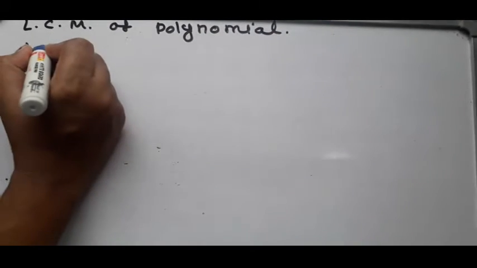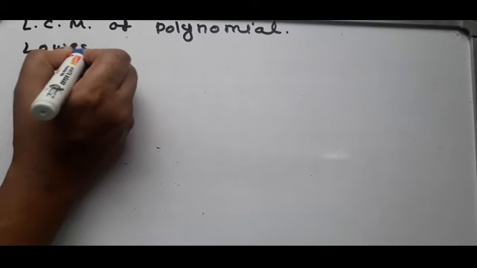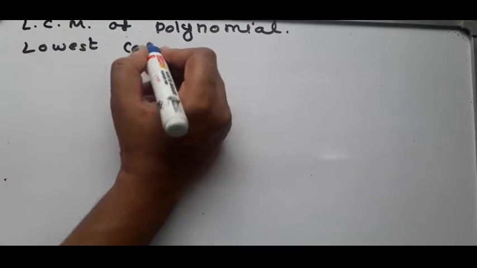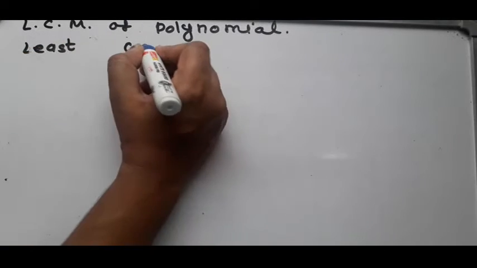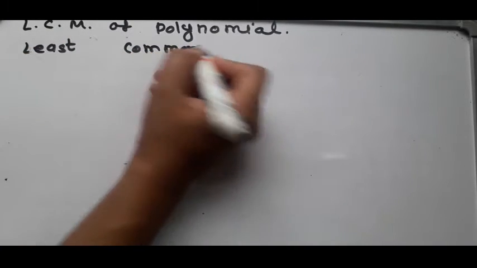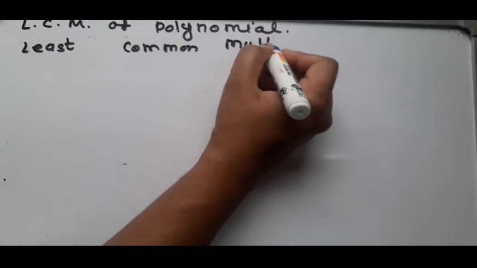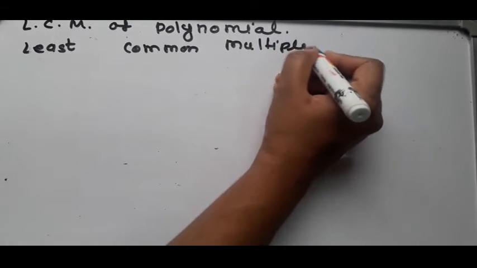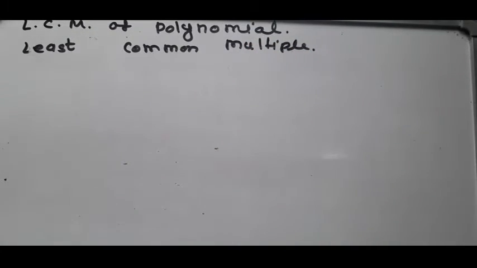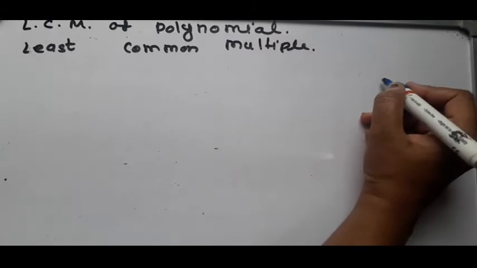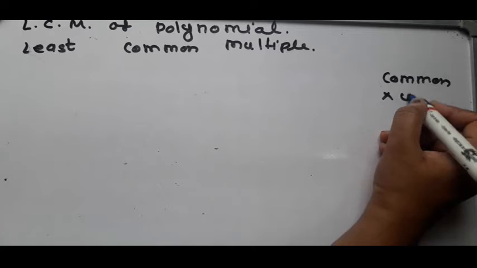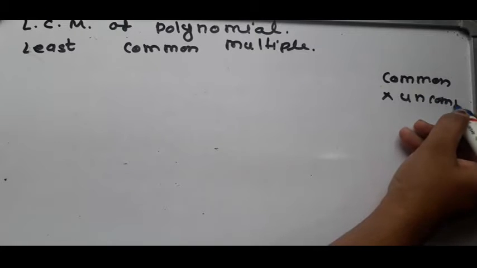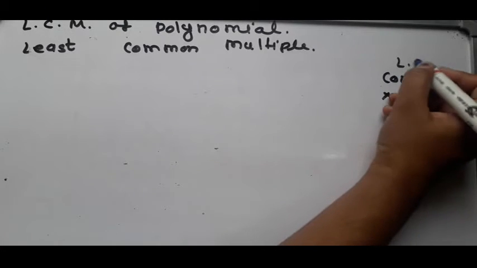Lowest common, lowest or least, you can also say, common multiple. Least common multiple means what? If I want to find a least common multiple of any number, I take the product of common multiplied by uncommon numbers. That is our normal method.